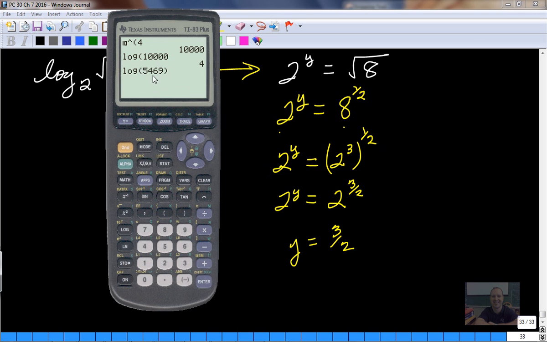So I'm asking the calculator, give me an exponent, the log is an exponent, that I can apply to 10, so 10 to the power of what gives me this number exactly. Obviously it's going to be a decimal, right? Weird number. So you ask the calculator, and that's what you get right there. So if I did 10 to the power of 3.7397 and all this decimal here, I would get 5,469. That's what that's saying.